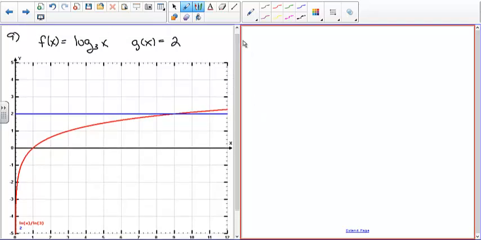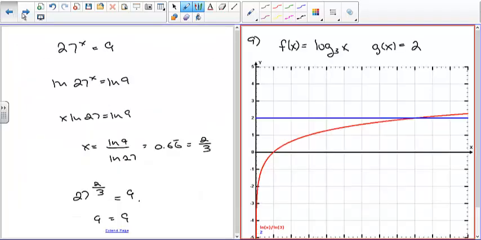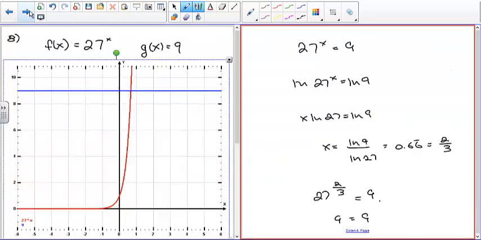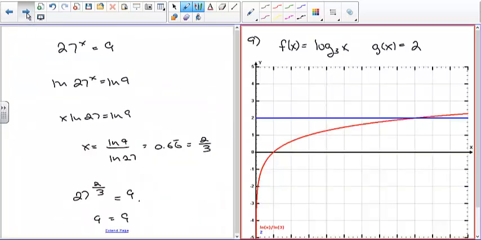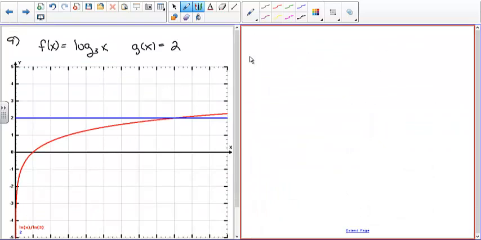So again, what you do is you use the inverse property of logarithms, which is exponentials. Now for solving these exponential equations, we can use the natural log, but to solve the logarithmic equations, we have to use the same base as the base of the logarithm.